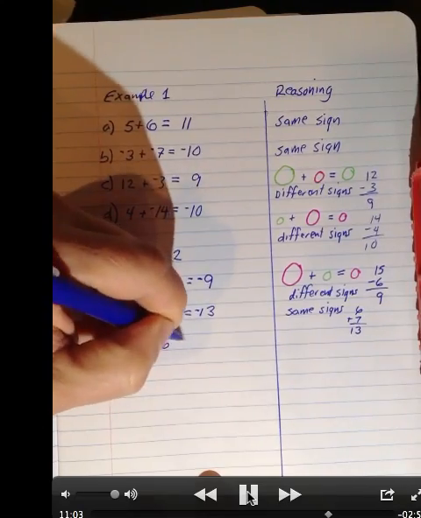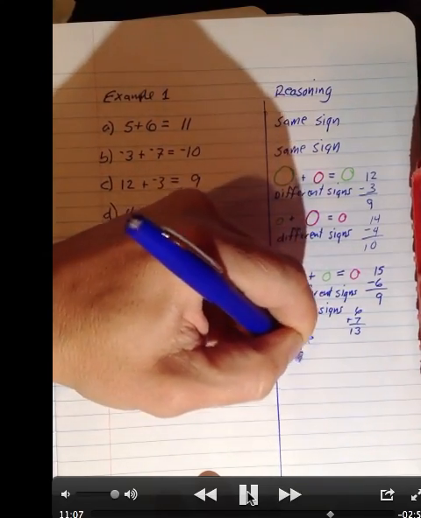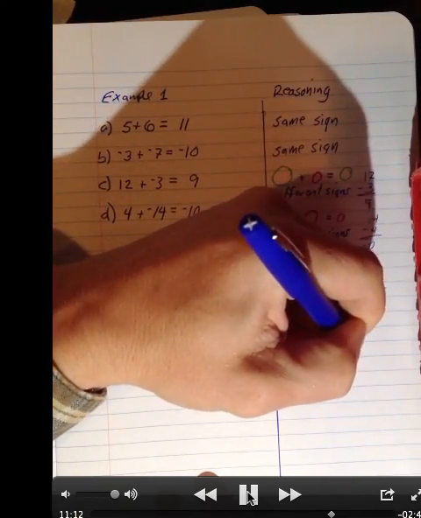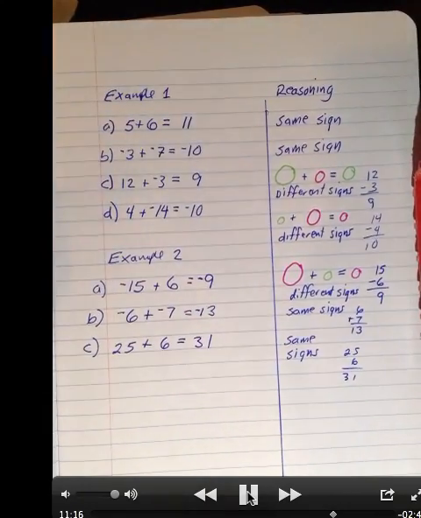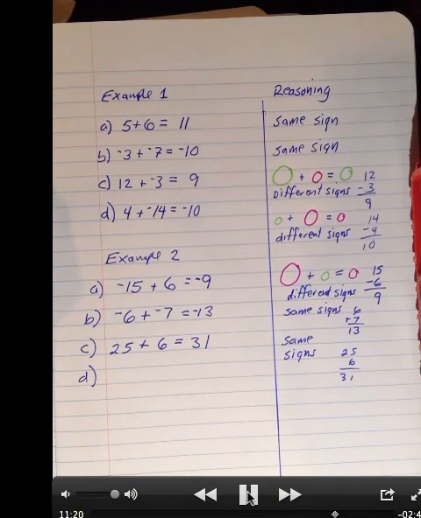Example 2c, 25 plus 6. They have the same signs, so we add them together. 25 and 6 is 31.